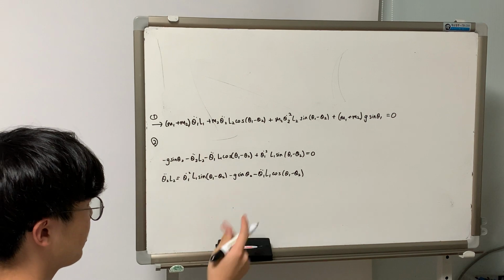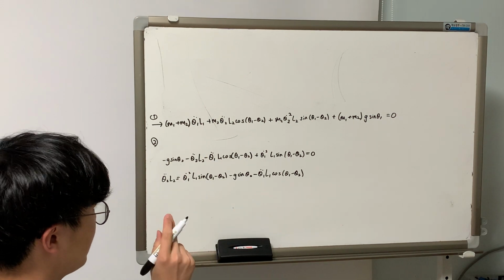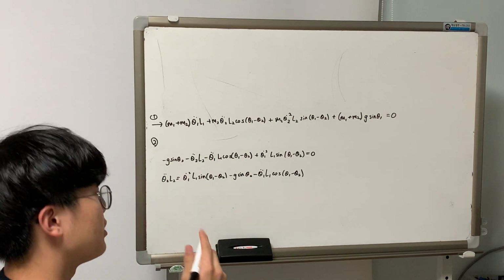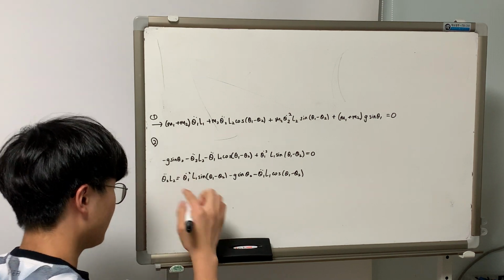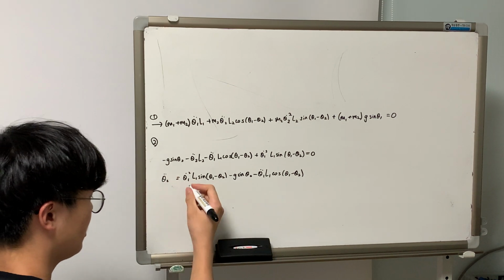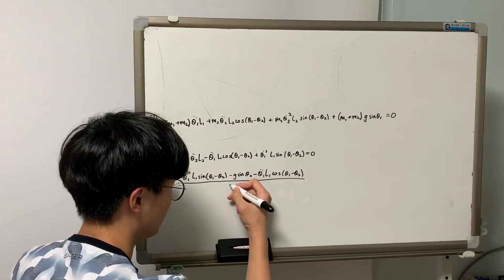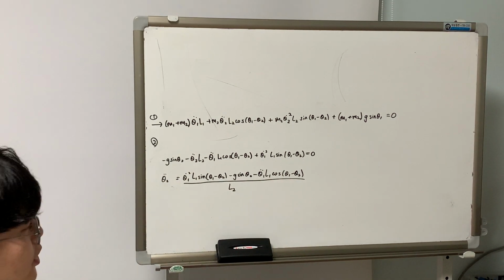Just checking if I did it correctly. Yeah, I think I did. All right, so theta 2 dot dot is going to be equal to that divided by L2. So that's going to be our equation for theta 2 dot dot.